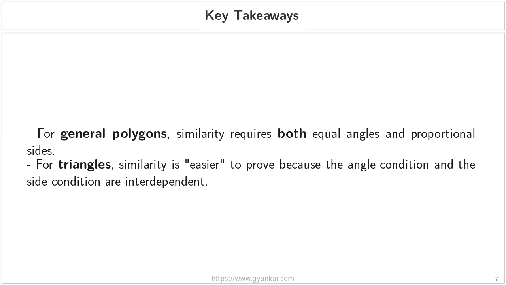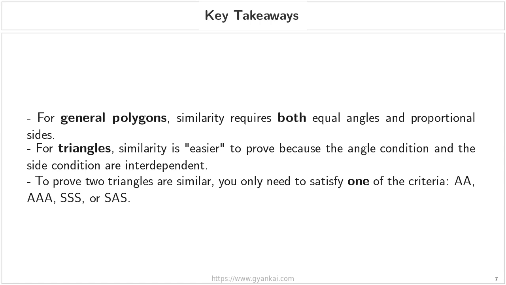Now, as we saw in our comparison, triangles are a special, much simpler case. Proving triangle similarity is easier because the two conditions are interdependent. This means that if you prove the angles are equal, the sides will follow suit, and if you prove the sides are proportional, the angles will automatically match. They are linked together. Because of this unique property, you don't need to check everything. To prove two triangles are similar, you only need to satisfy just one of the specific criteria.